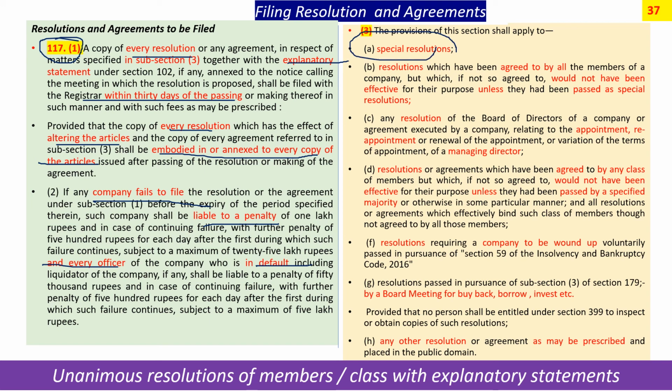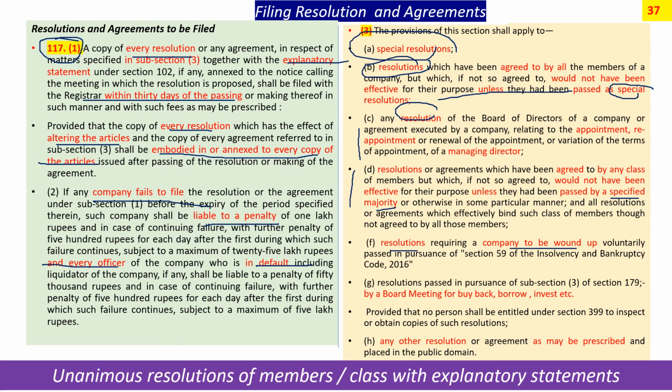Special resolutions, resolutions passed as unanimous resolutions but which have been passed as a special resolution. Any resolution appointing a director or managing director. Any class resolutions which are passed as unanimous but would have been required to be passed by a specified majority.